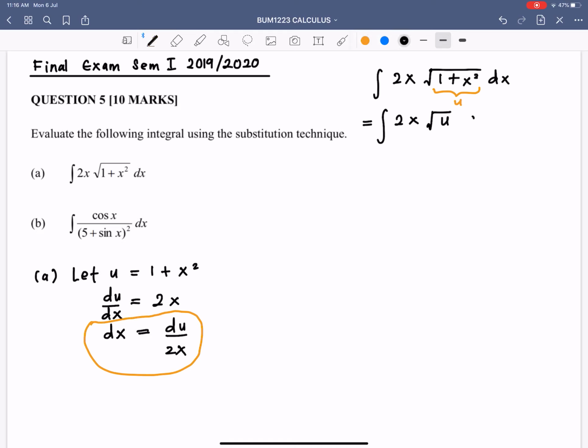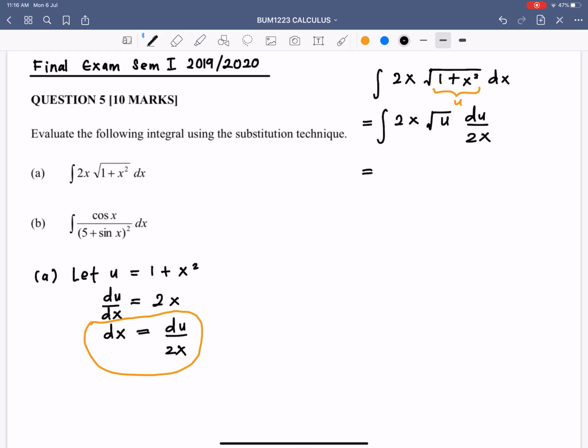Therefore, here du over 2x. In order to know whether your substitution is correct or not, you must make sure that in the end your integral is in terms of u only, so that you can integrate it. You cannot have a mixture of variables.